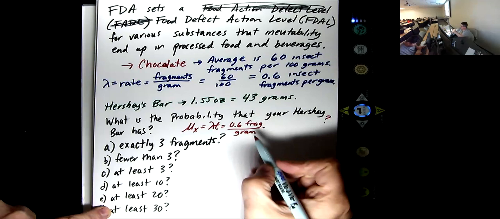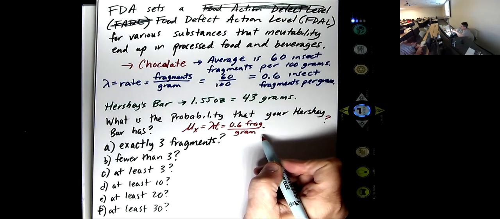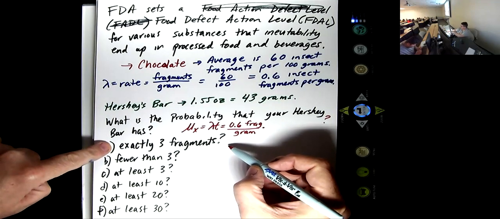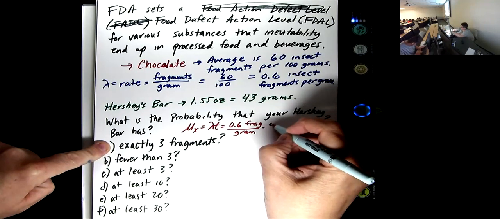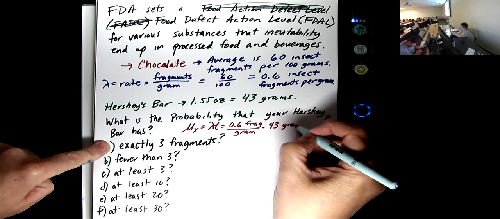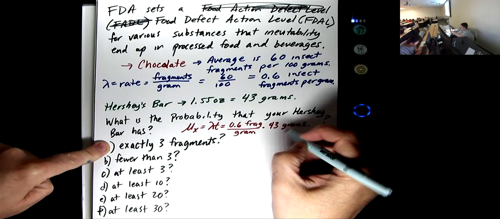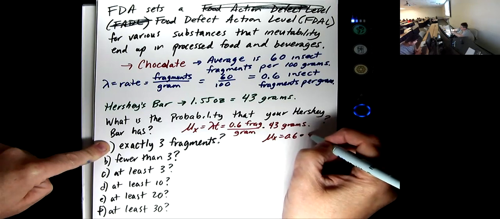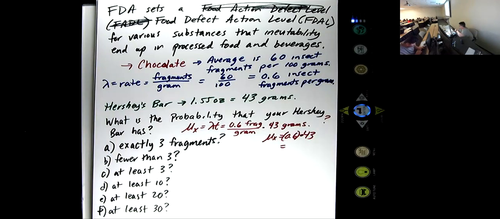My rate has grams in it, which means my grams need to go away. There's no grams listed in the probability. So if I multiply by the number of grams, mu of x is 0.6 times 43, and that is 25.8.